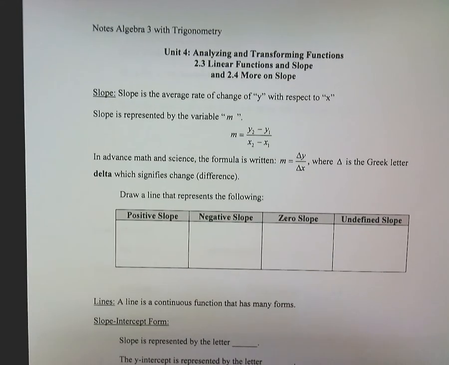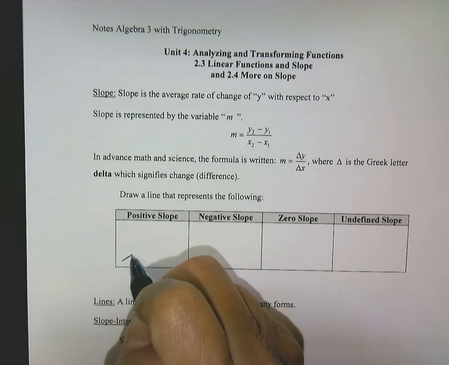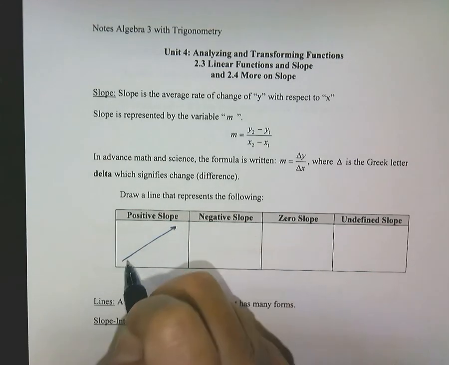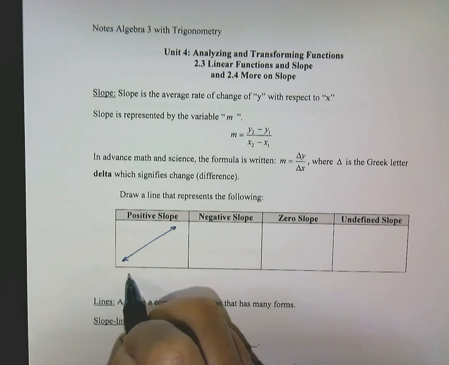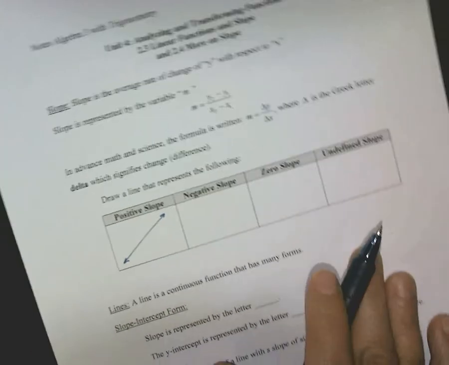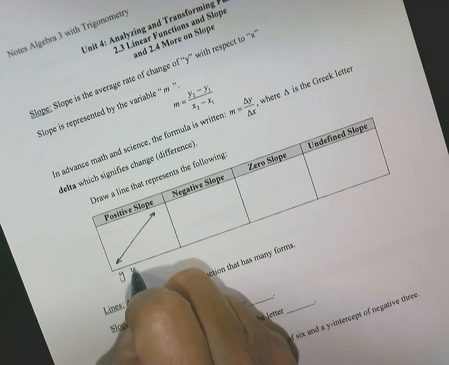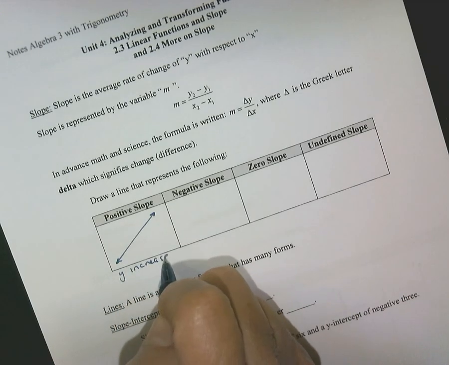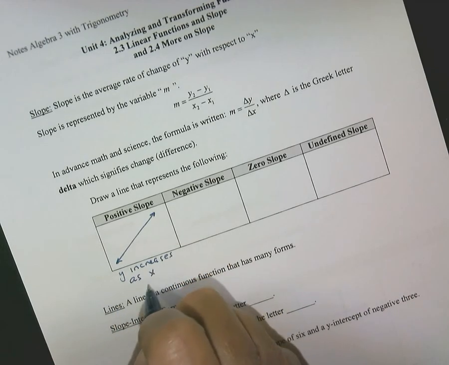So to represent a line with a positive slope, that means as x increases, as x is going up, y is going up. So y increases as x increases.